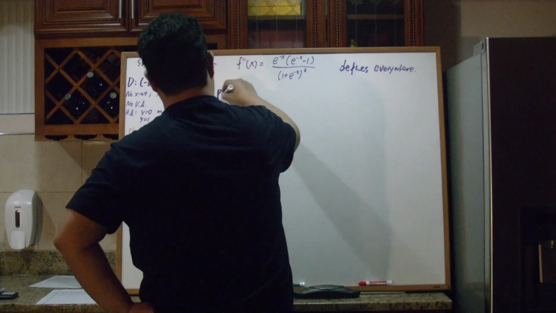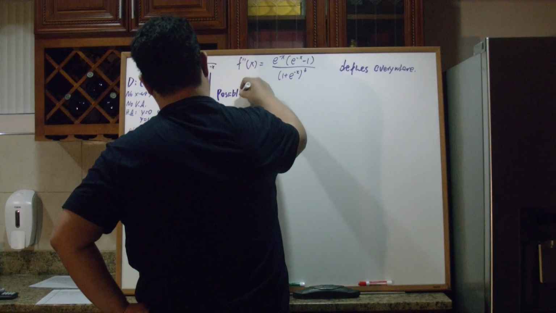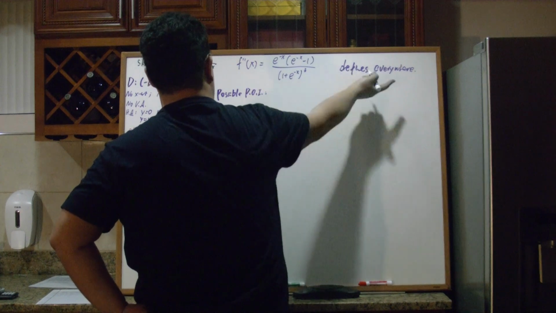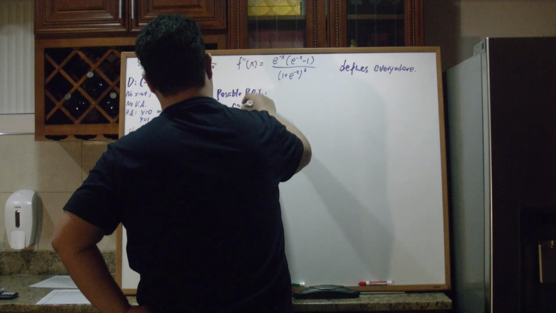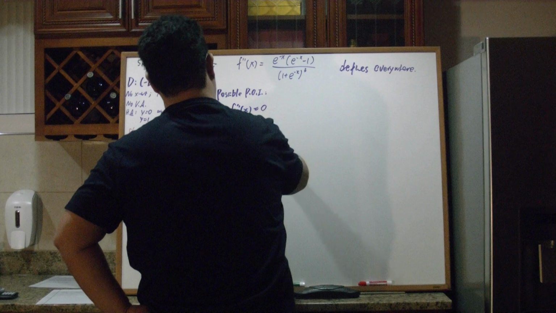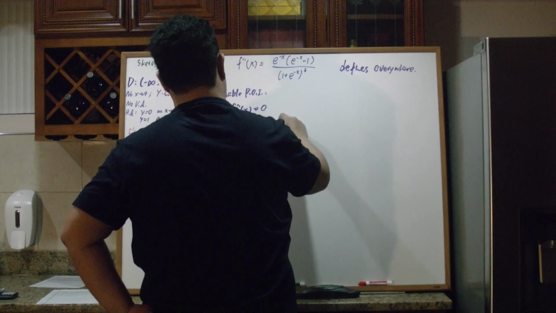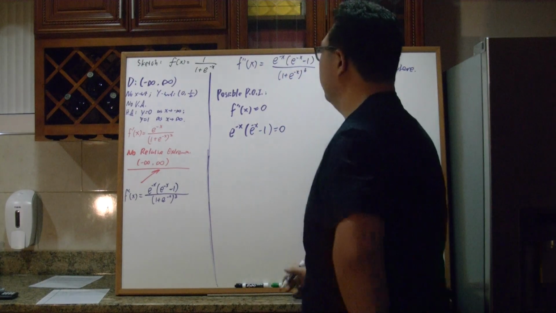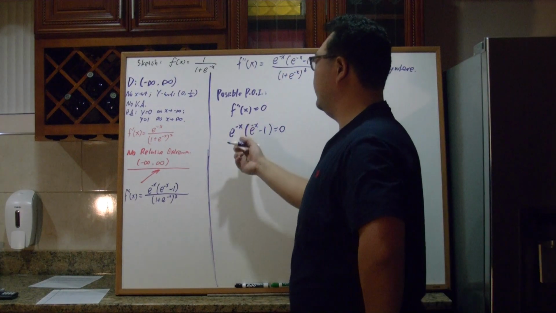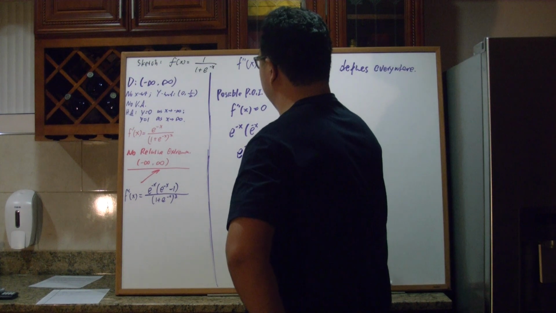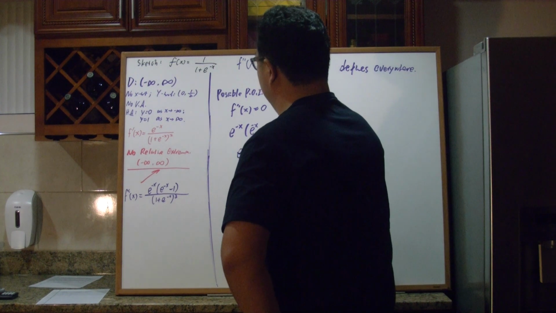So the possible point of inflection: we say it is defined everywhere, so we just need to find where the second derivative equals 0, so we take the numerator. That e to the negative x will never be 0, so e to the negative x minus 1 equal to 0 is the possible answer.